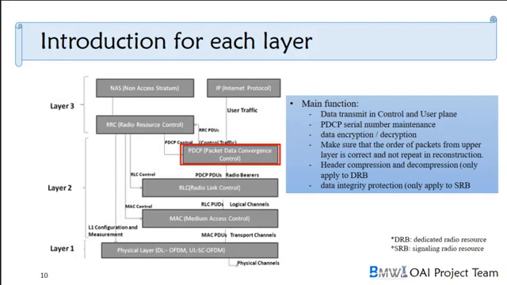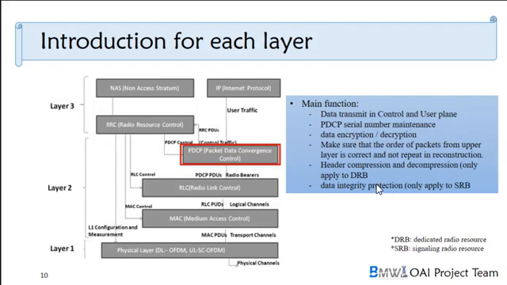In the PDCP, the main function is data transmission in the control plane and user plane. In the control plane, it transmits commands from RRC and implements the relative configuration from RRC. In the user plane, it receives IP data from the upper layer, packages the IP data into a packet, and transmits it to the RLC.